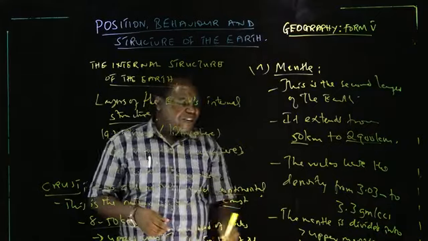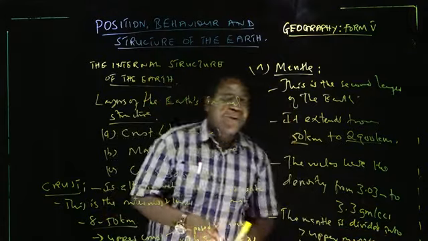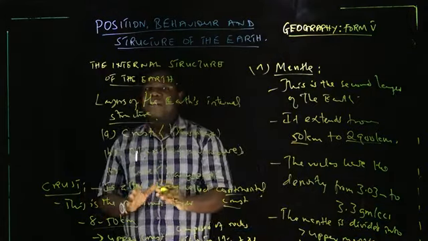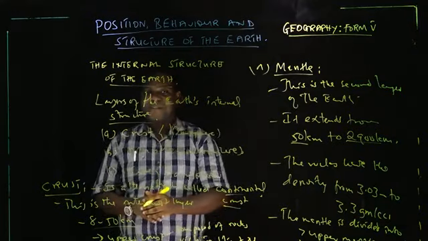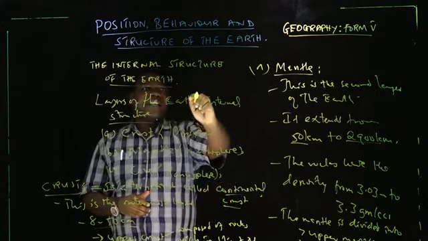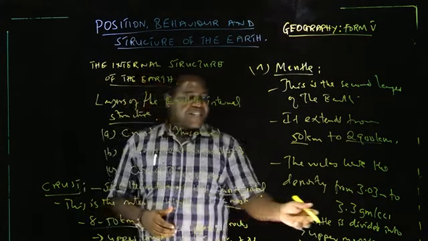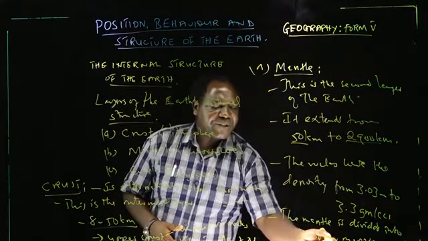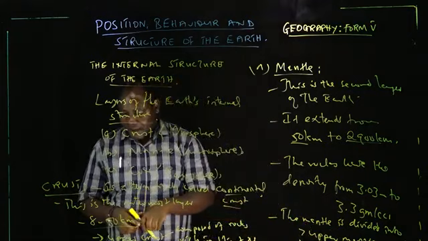The upper mantle is very rigid, meaning that it bears some characteristics which are similar to those of the earth's crust. And that's why the upper mantle and the crust in combination are called the lithosphere. Why? Because some characteristics of the upper mantle are similar to some characteristics of the earth's crust.